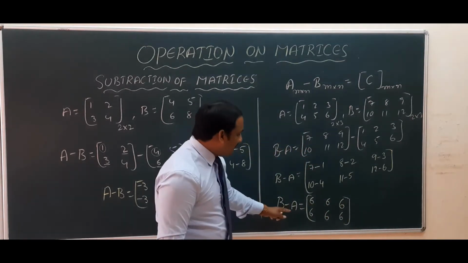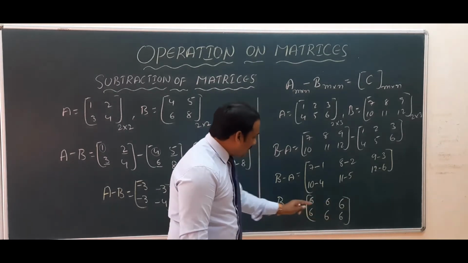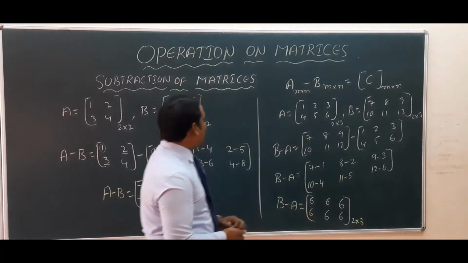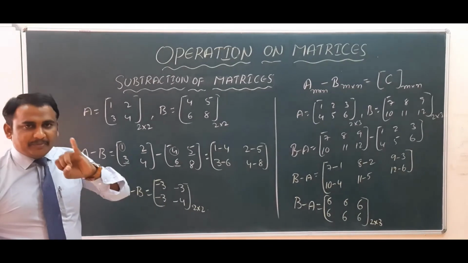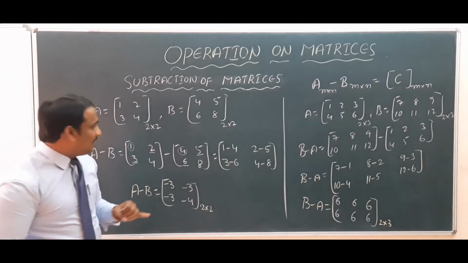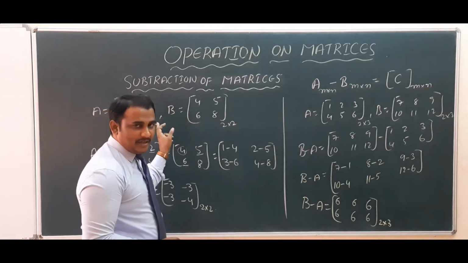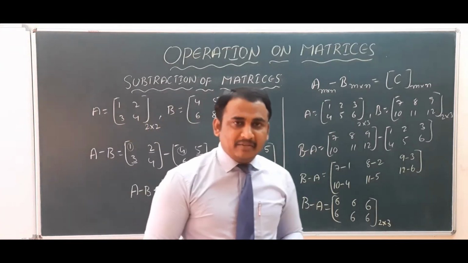Here the B minus A matrix you got is 6 6 6, 6 6 6. Now what is the order here? 2 by 3. Understand? This is the subtraction of matrices. Always remember one condition for subtraction: first check whether the order of the given matrices is the same or not. When the order is the same, subtract the corresponding elements.